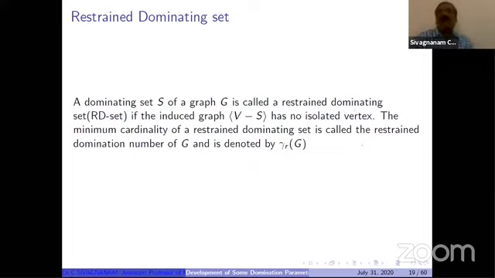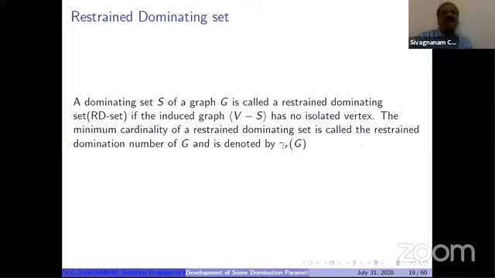Any name we can give. And if the complement V minus S is connected, it is the complement connected dominating set, or non-split dominating set, they are saying. And the third one is that the complement V minus S contains no isolated vertex.